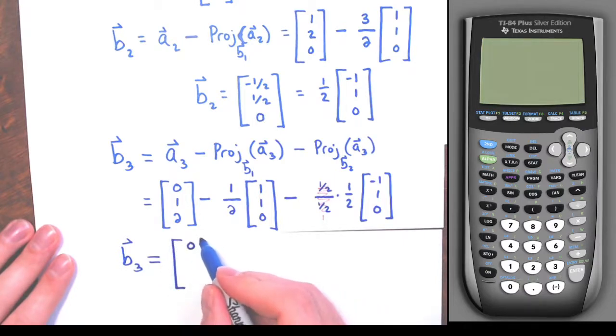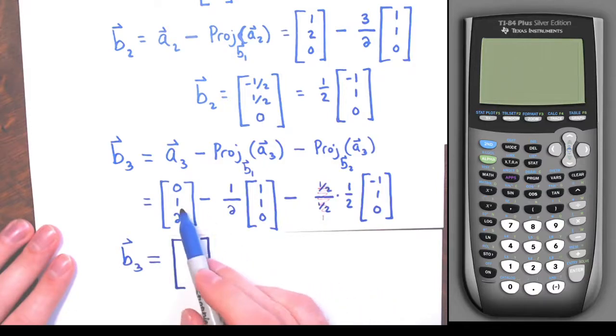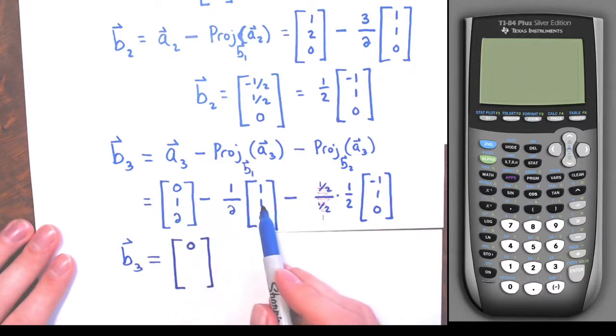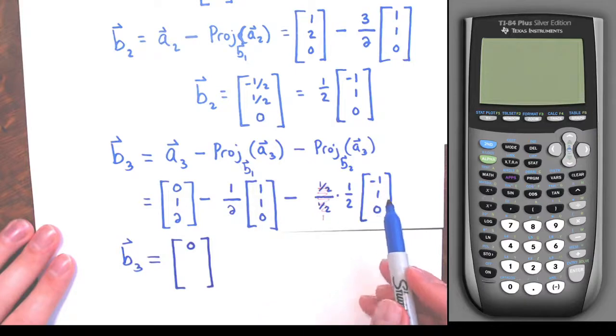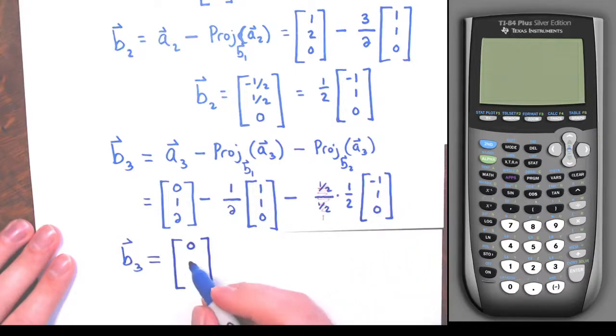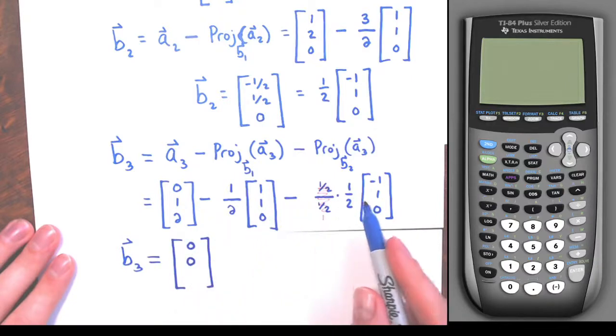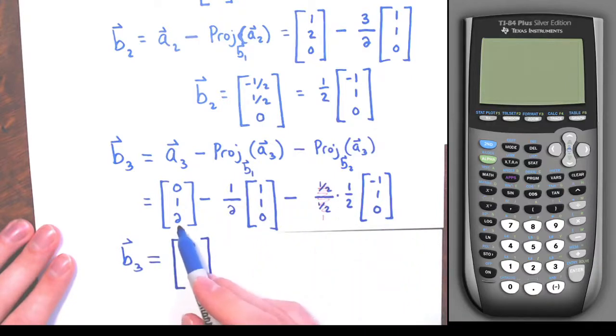That's 0. Then second component, 1 minus a half minus another half. That's 0 again. And the third component, 2 minus 0 minus 0 is 2. Wonderful.